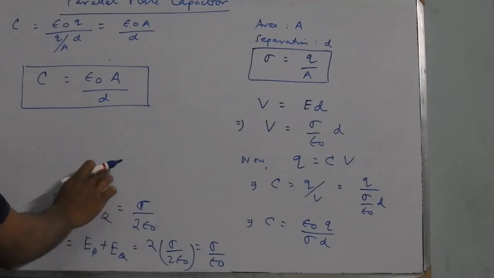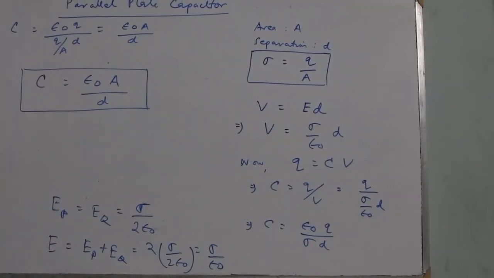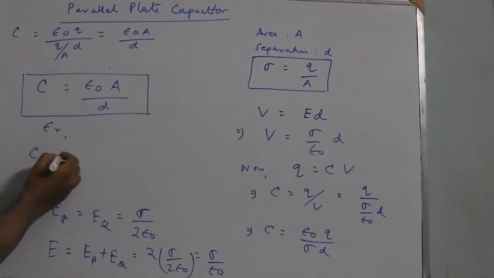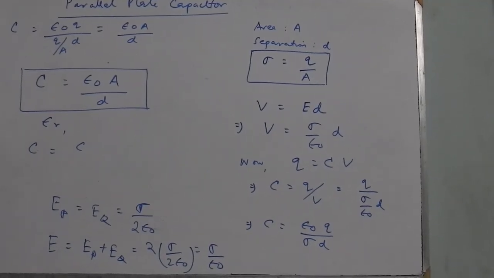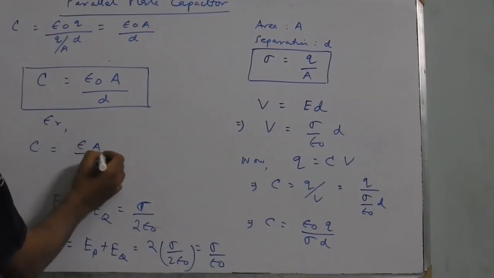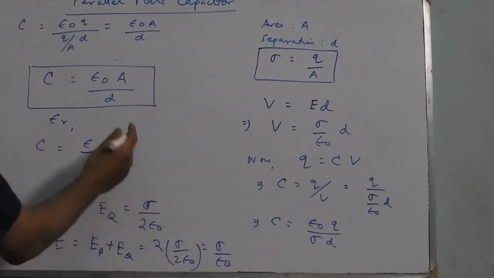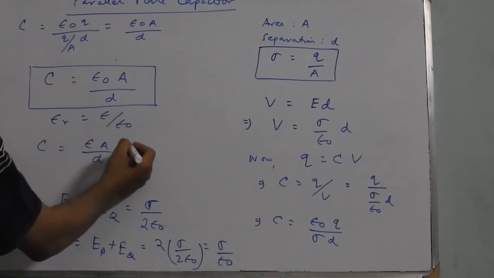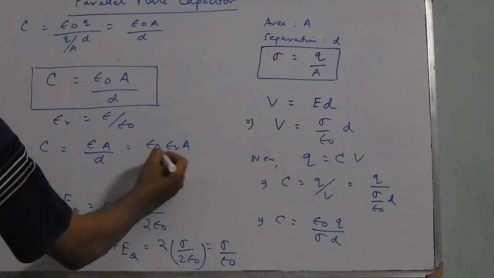If instead of vacuum, the plates are kept in a medium of relative permittivity epsilon r, then C can be written as epsilon A by d, where epsilon is the permittivity of that particular medium. We know that epsilon r is epsilon by epsilon 0, so this can be written as epsilon 0 epsilon r A by d.